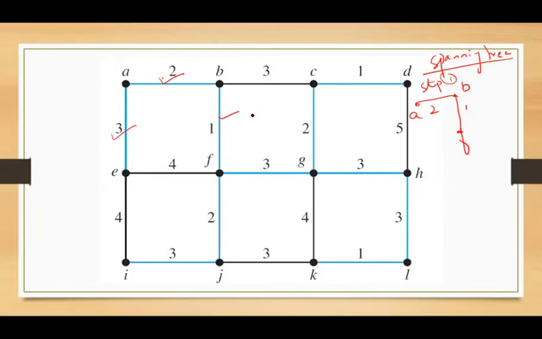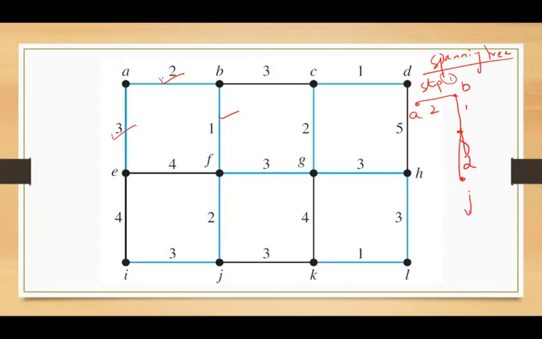Next I will select the edge FJ, because BF was also connected to FJ. One more thing is that you can add either FJ first or AB first. Both of them have the weight 2, so it is your wish. So I am adding FJ next.